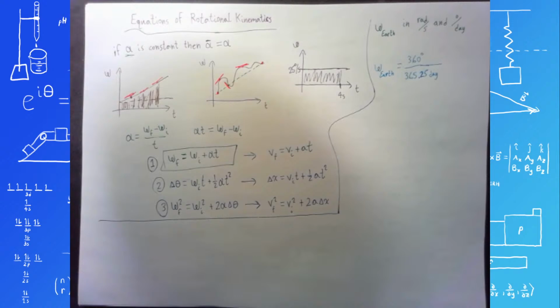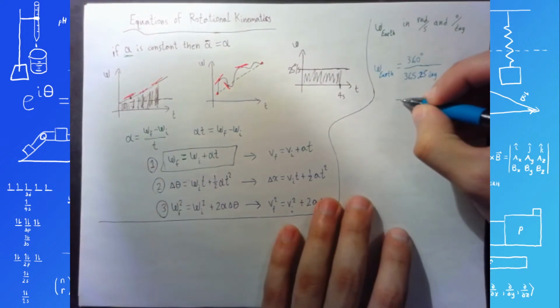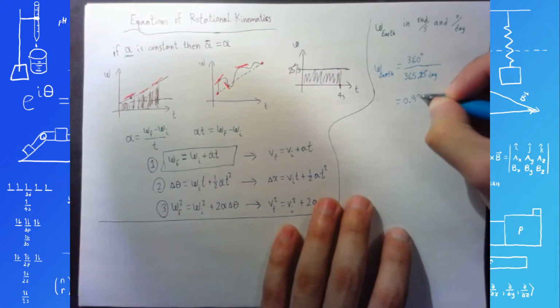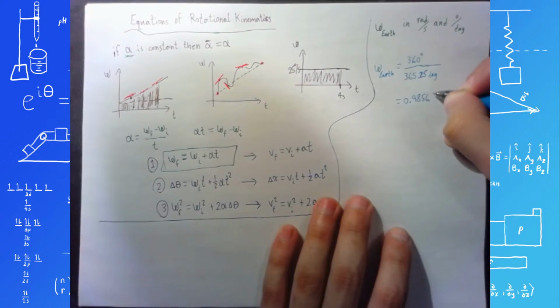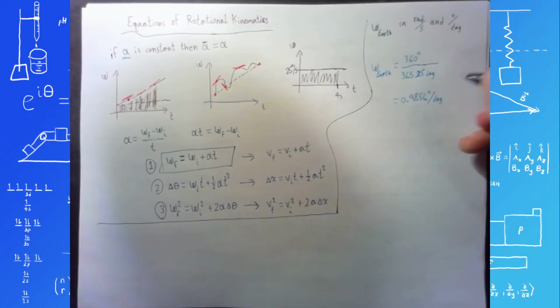It'll be slightly less than 1. 360 over 365.25 is about 0.9856 degrees per day. Okay, easy enough.